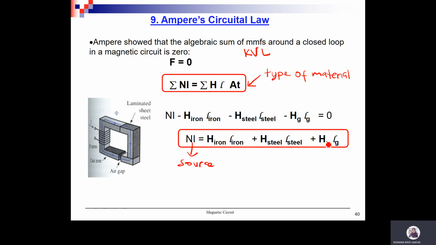That's why you have to identify how many materials are used in your magnetic circuit, to formulate the equation. So you have Ni equals HL of your cast iron, plus HL of your sheet steel, plus HL of your air gap. Since this magnetic circuit has 3 materials, you have 3 different HL.